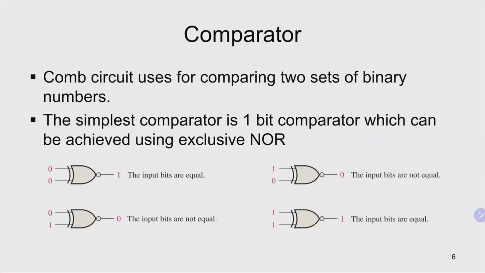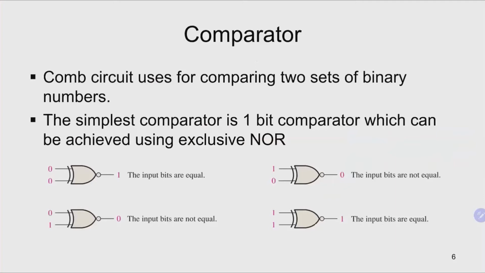The simplest comparator that we can get is a 1-bit comparator. In 1 bit, there are only two possibilities, which means that it can be equal or not equal. We're not going to define whether it's higher or lower. We're just going to say if you compare two bits, whether they are the same or not the same.